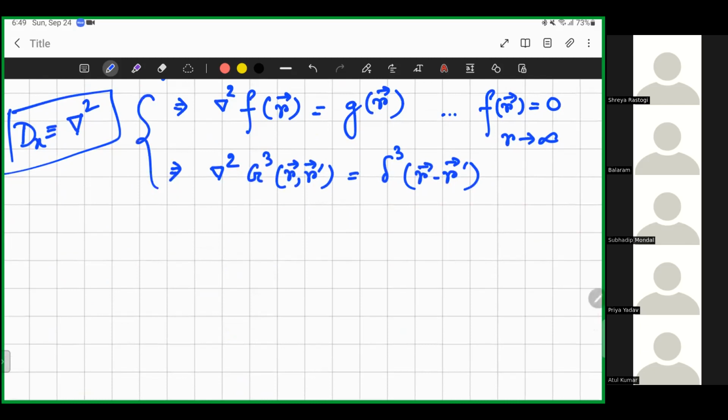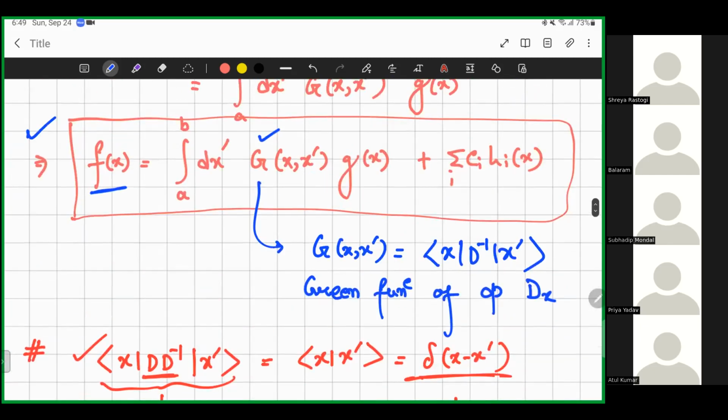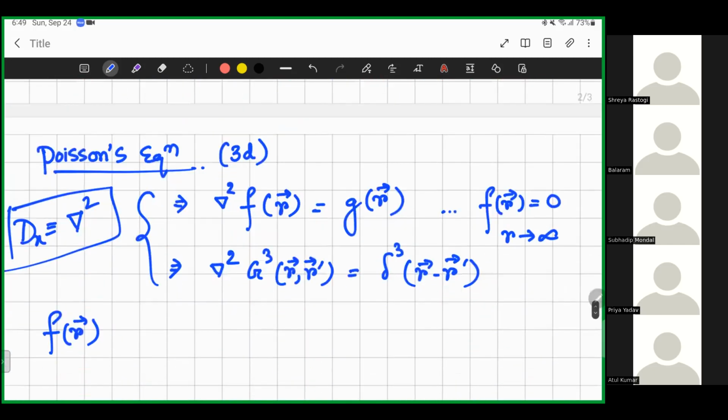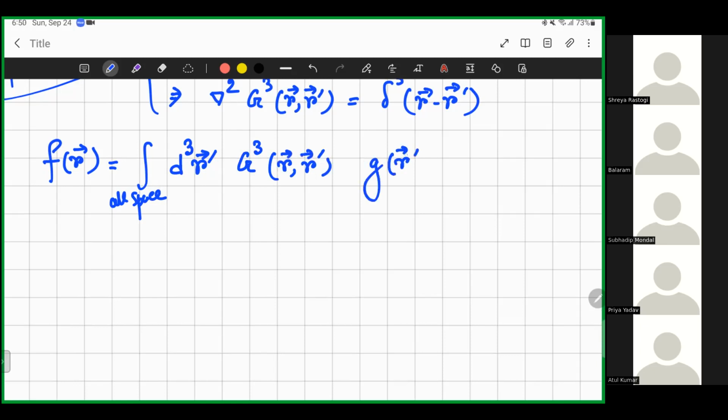So these are 2 equations, and what is our main equation from where we can evaluate f(r)? This equation for 3 dimensions, we can write it. So f(r) equals the integral over all space, as it is 3D, there will be 3 integrals, G3(r, r'), these are all vectors, and g(r').